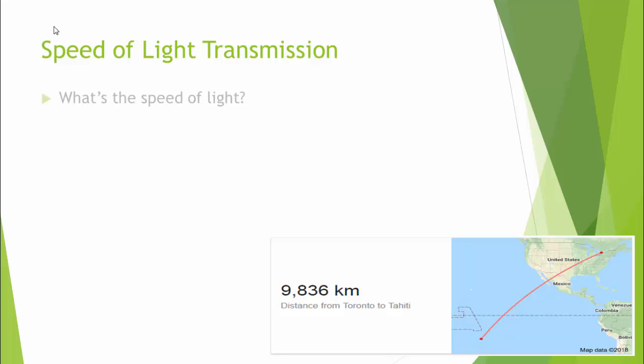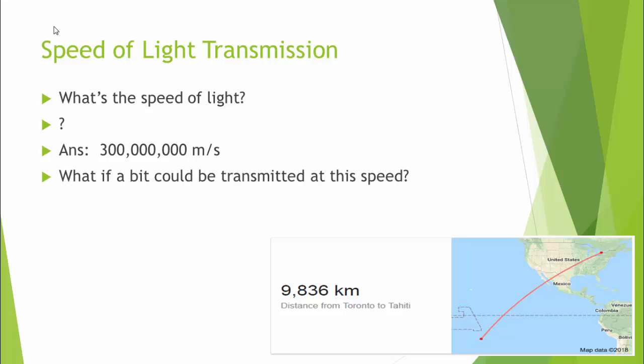Does anybody remember from science class, what's the speed of light? Well, the answer is in fact 300 million meters per second. And you might say, well, that's instantaneous. And in fact, it's not. But it's very, very fast.